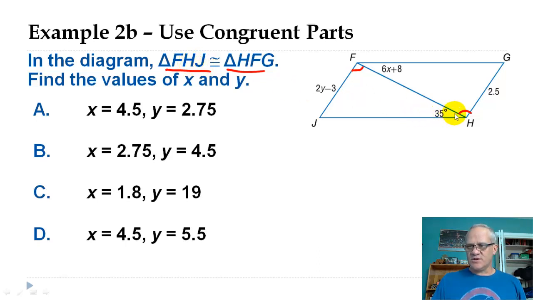So that means this one here, if we make that 2, this one has to be 2. And then the J and the G will match up. So J, 1, 2, 3, and 1, 2, 3. Okay? And so then again, now that we know what angles match up, we can set up the sides. So you can do it kind of any way you want to.